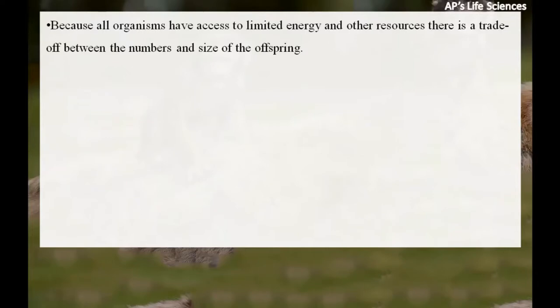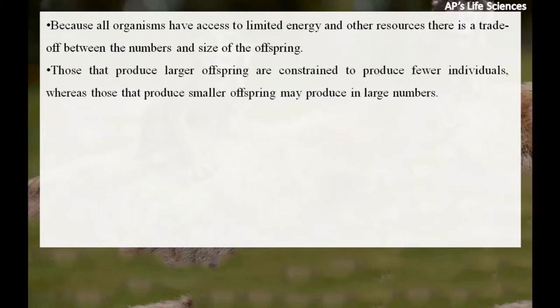Because all organisms have access to limited energy and other resources, there is a trade-off between the number and size of the offspring. Those that produce large offspring are constrained to produce fewer individuals, whereas those that produce smaller offspring may produce them in large numbers.